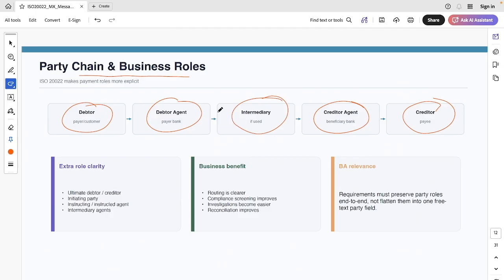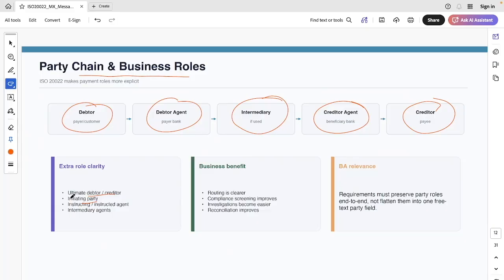ISO 20022 also supports additional clarity through roles such as ultimate debtor, ultimate creditor and initiating party. For example, a parent company may initiate a payment on behalf of a subsidiary, or a payment service provider may send instruction on behalf of an end customer. Why is this useful?